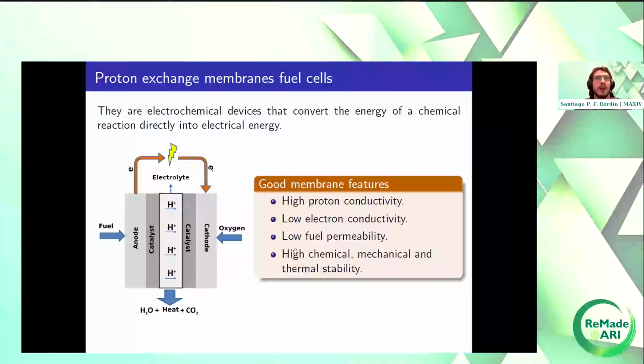Low fuel permeability, because if there is crossover of the fuel, we will reduce the performance of the fuel cell. And the membrane has to resist the operating conditions, so it needs high chemical, mechanical, and thermal stability.